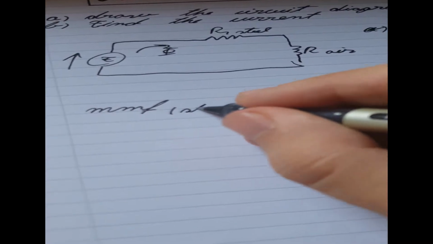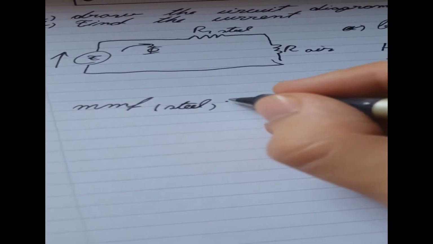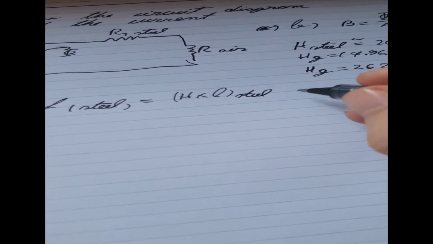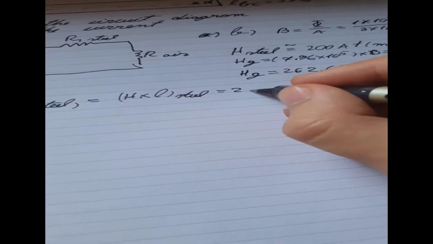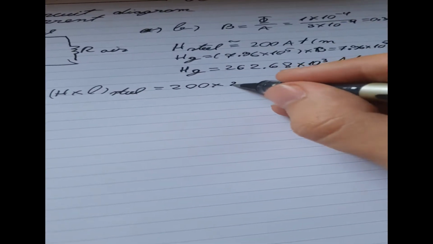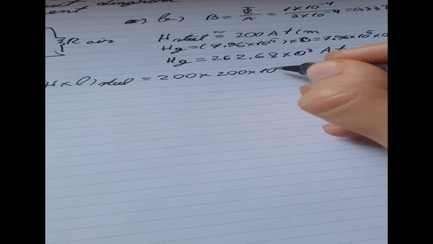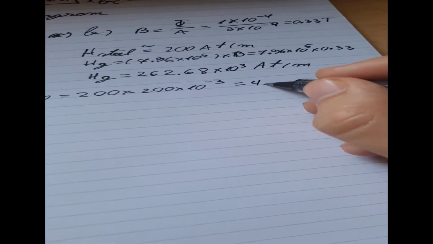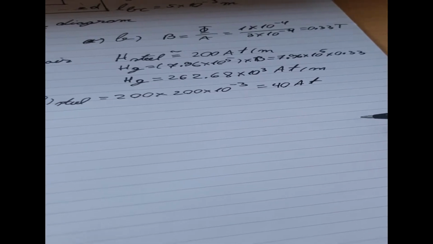in steel, it is equal to H times L in steel, and that one will be equal to 200 times 200 times 10 to the power of minus 3, because it's in meters, which is equal to 40 AT.